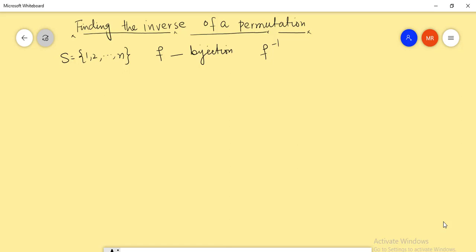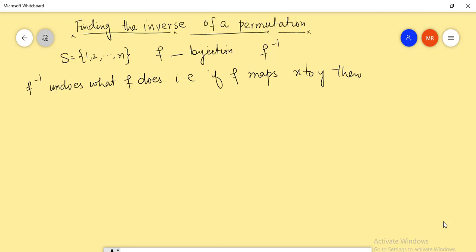And we note that the inverse undoes what F does. That is, if F maps x to y, then F inverse maps y to x.